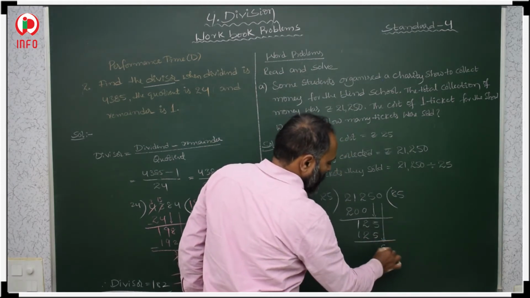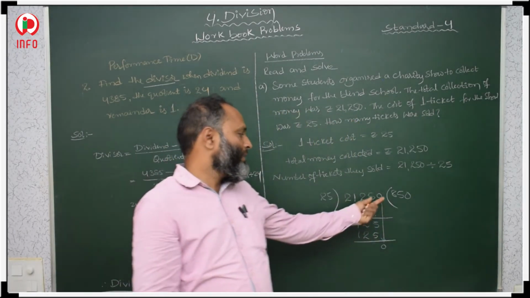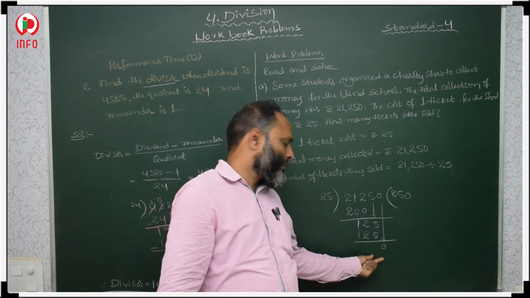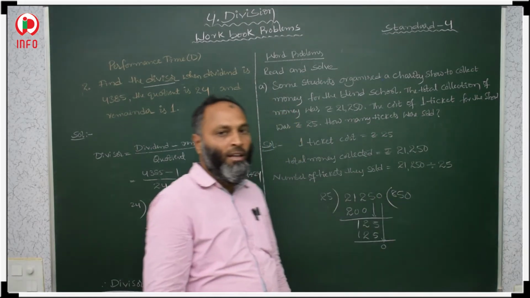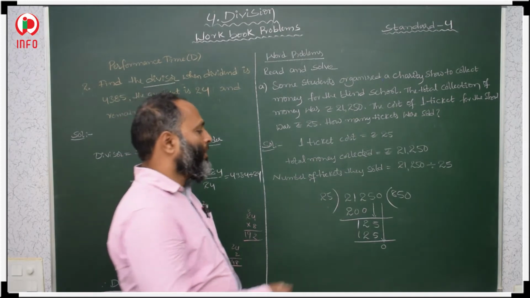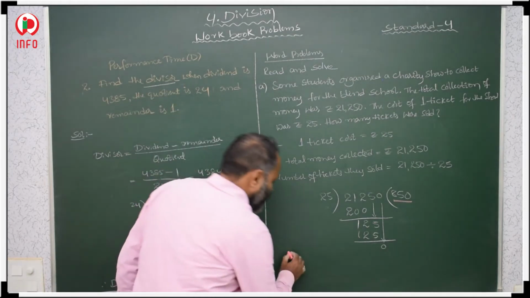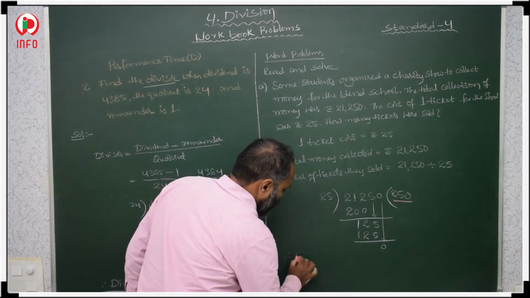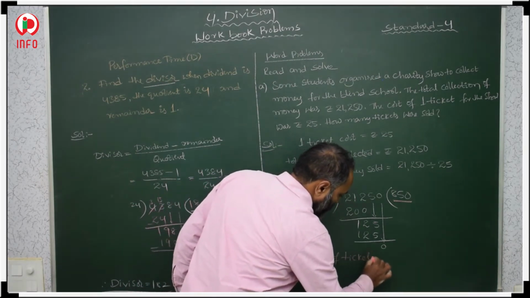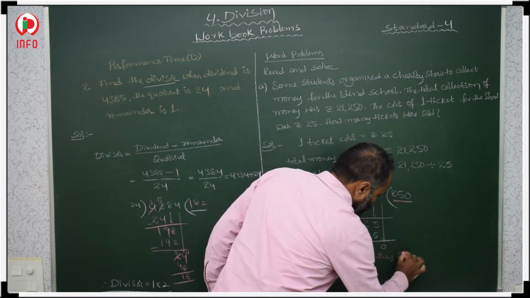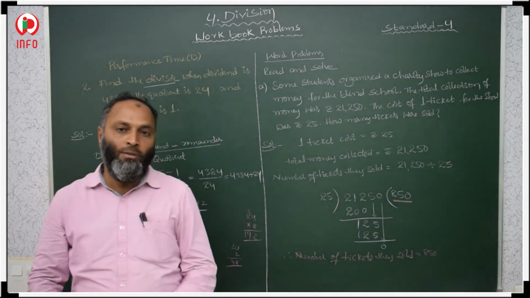This 0 is left, it is not our remainder, so we keep that 0 in the quotient. How many tickets did they sell? 850. Therefore, the number of tickets they sold is 850.